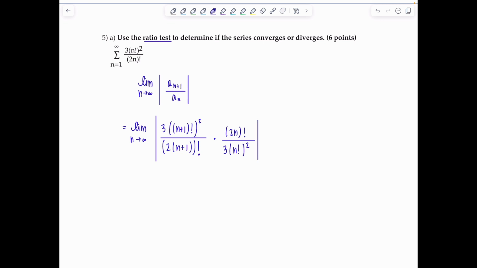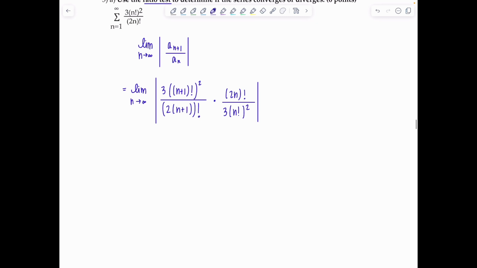Very good. So the key here is simplifying correctly so that you can get the appropriate limit. So we have limit as n goes to infinity. Let's just go ahead before things start getting wild and cancel these 3's because they don't need to be there. And then n plus 1 factorial squared. I'm going to break it down slowly.